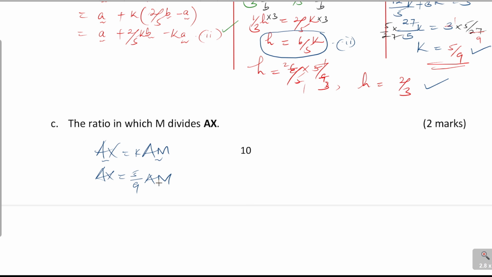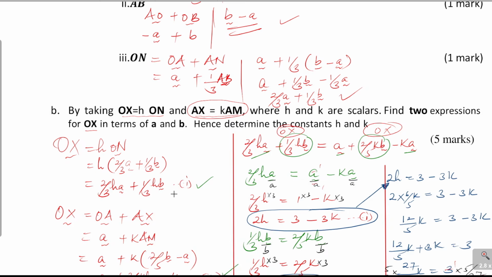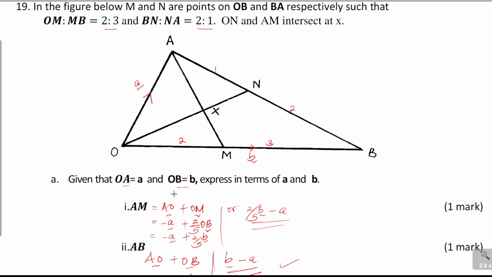Having that, we'll be able to get the ratio. 5/9 means this part ax will be 5, and 9 represents the total ratio from a to m.